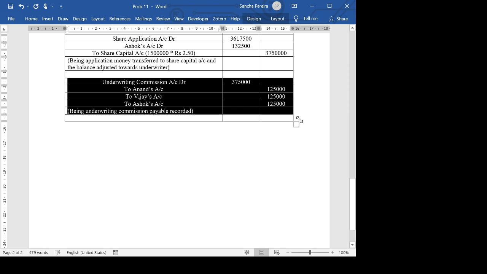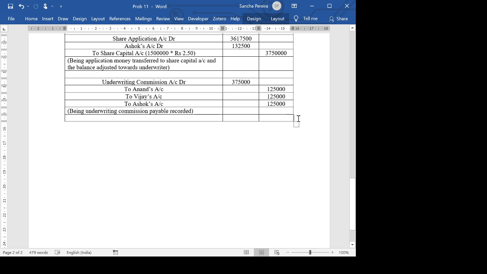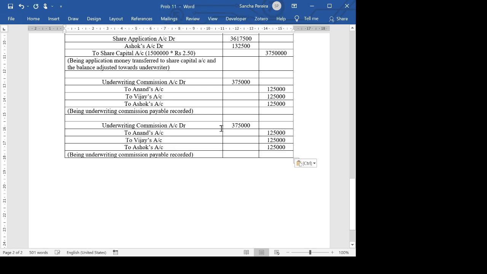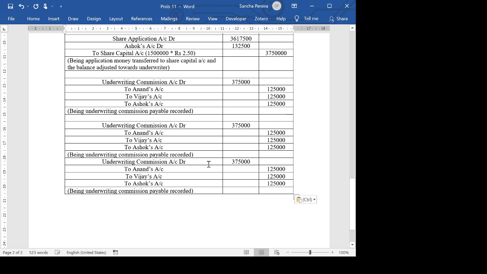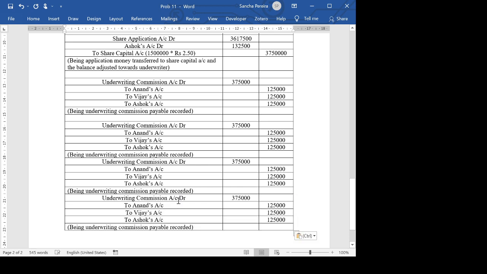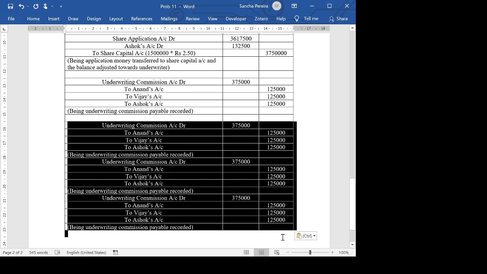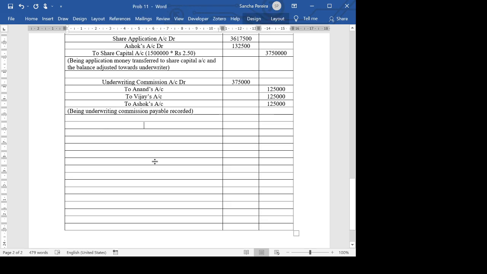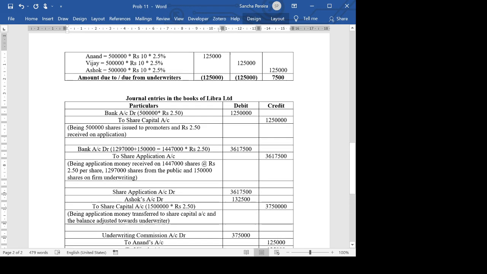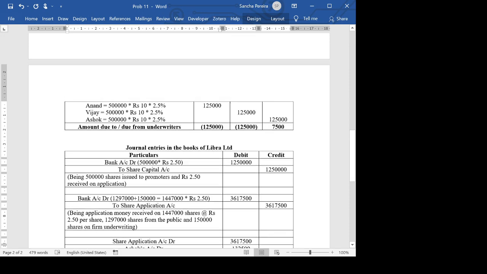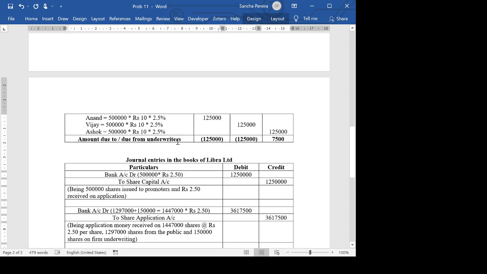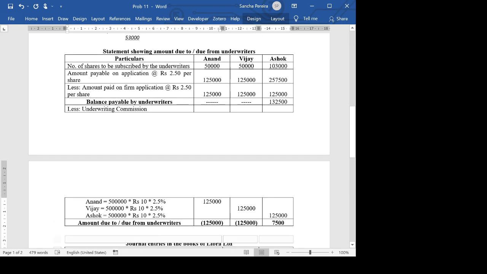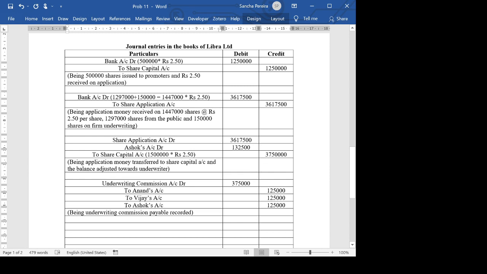And finally, we have to see who has to pay whom, and then we'll also have to pass entries for allotment. First we have to see who has to pay whom. In case of Anand and Vijay, the company has to pay these two because they didn't have to pay the company anything. So we will pass those entries first.